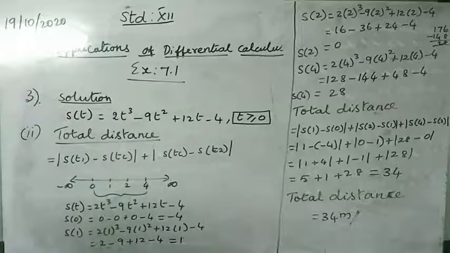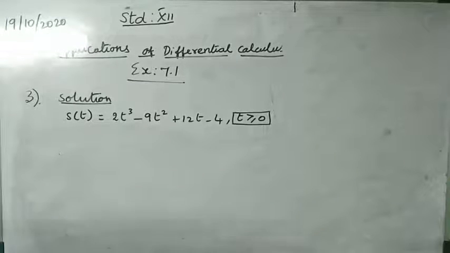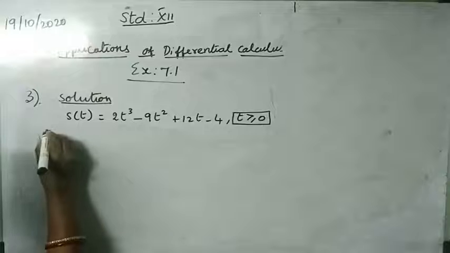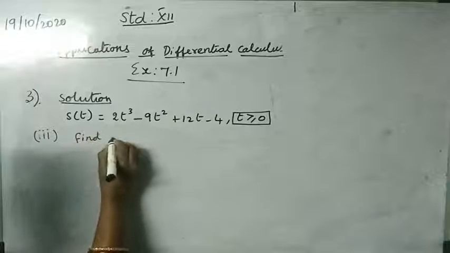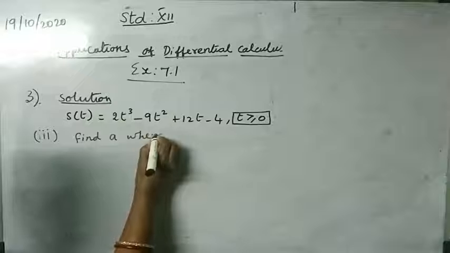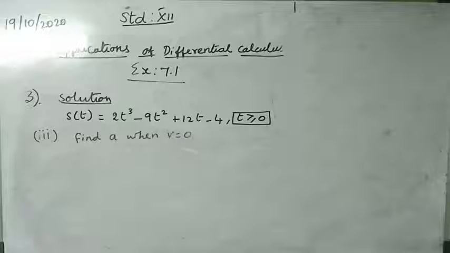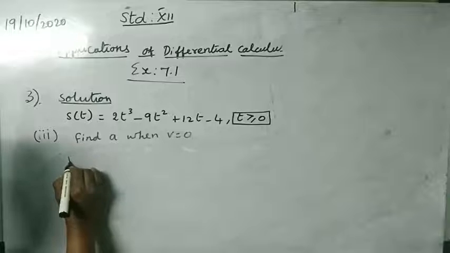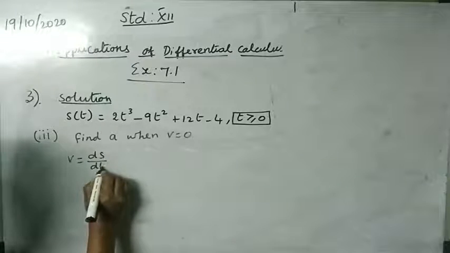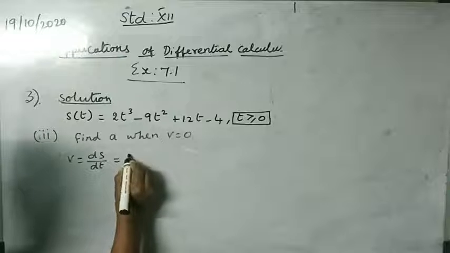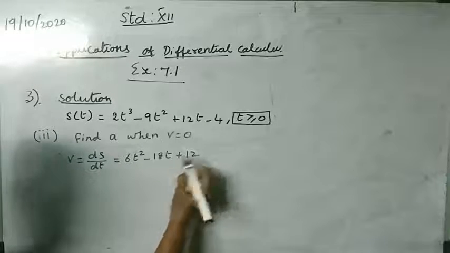Now third subdivision. Find the acceleration when v is equal to 0. What is v? v is equal to ds by dt is equal to 6t square minus 18t plus 12.